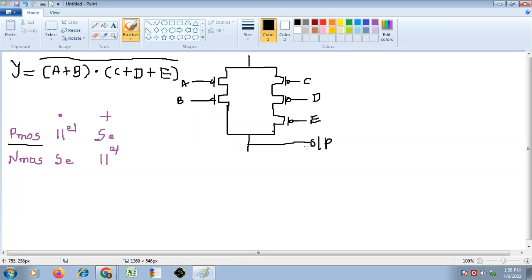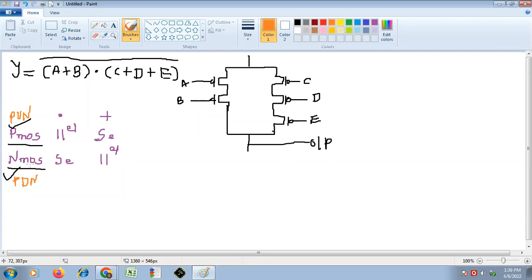Now we will go for pull down network, that means of NMOS, right? So always remember this PMOS forms the pull up network and this NMOS forms the pull down network, right? So this I will write here, PMOS forms the pull up network and this NMOS forms the pull down network.